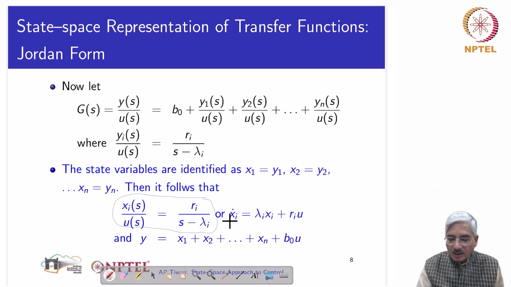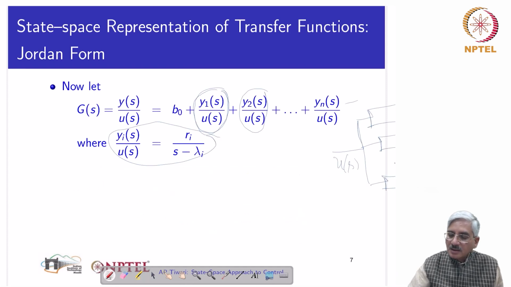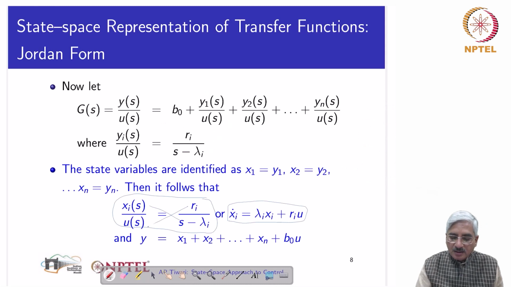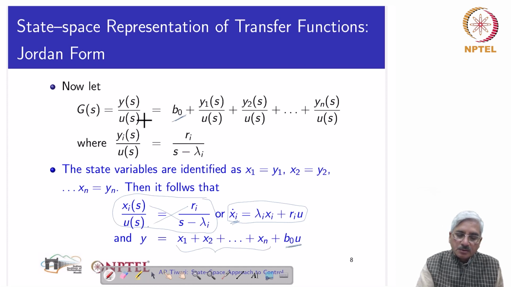By cross multiplication and doing the inverse Laplace transform, it will give the first derivative of xi equal to lambda i xi plus ri times u. And the output, as I explained in the previous slides, is the sum of these outputs y1, y2, etc. Each one has one state xi. So the output is formed by combining all the respective states x1, x2, etc. up to xn, plus b0 times u.